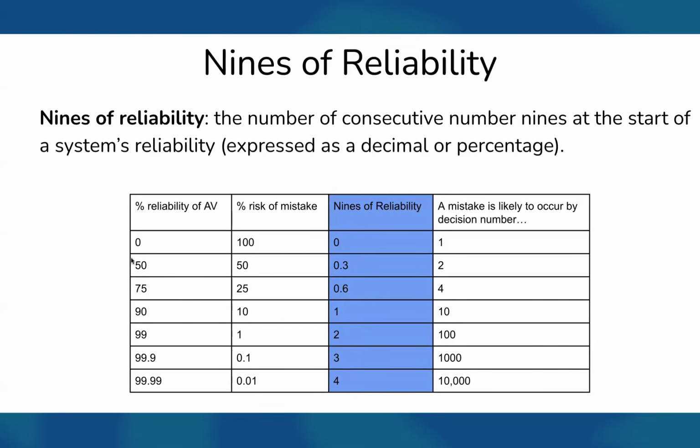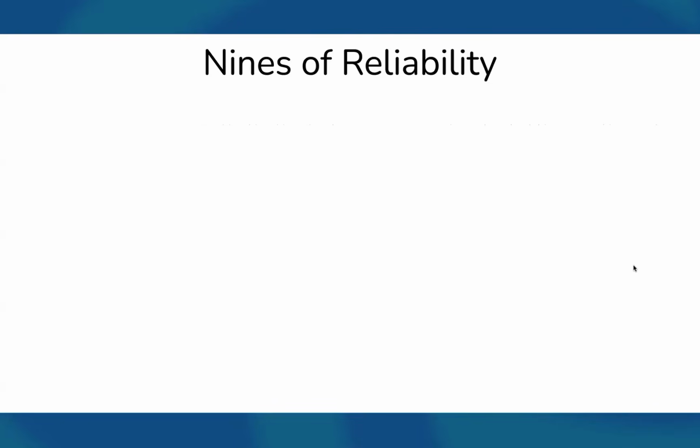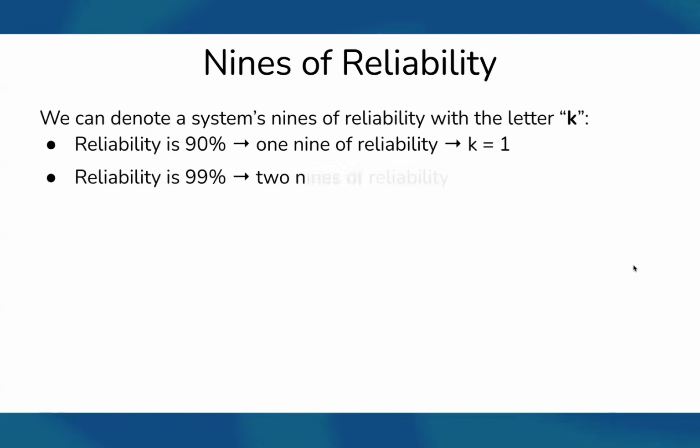Meanwhile, if the system was just at 50% reliability, the reliability has not improved much at all. The expected time before a mistake has barely increased. But if the reliability is already very high, then it can be more substantial. So this is why downplaying small improvements to a system's performance, such as, oh, it only improved by 1%, is not necessarily the right response. It depends on how reliable the system already is.